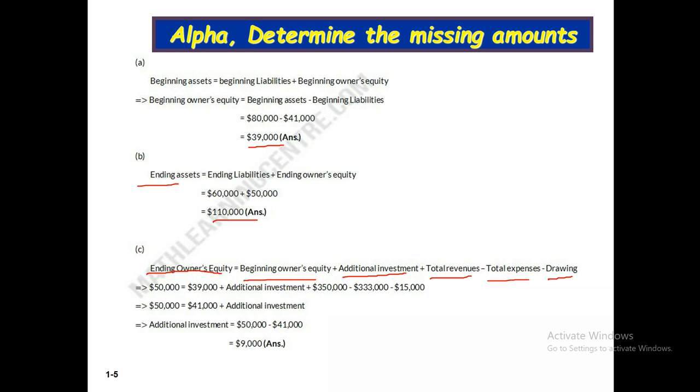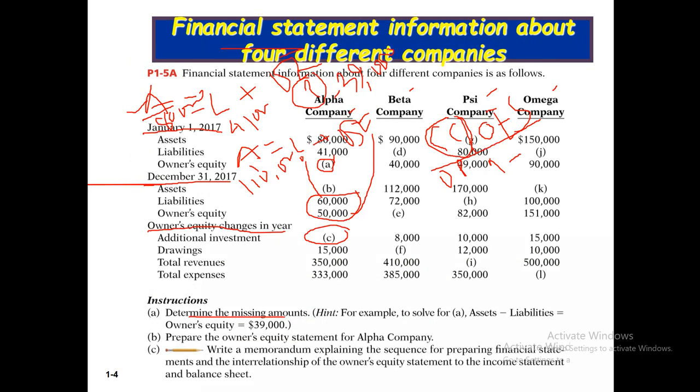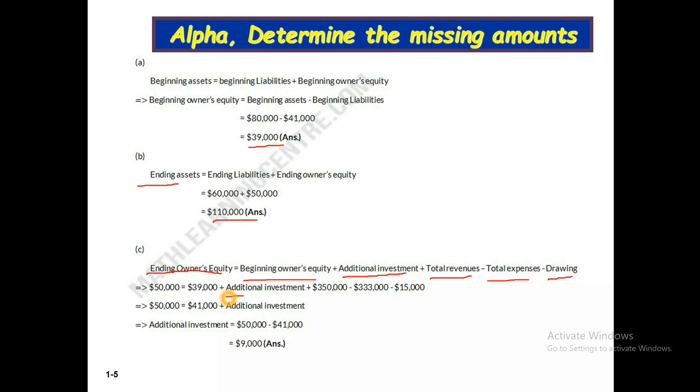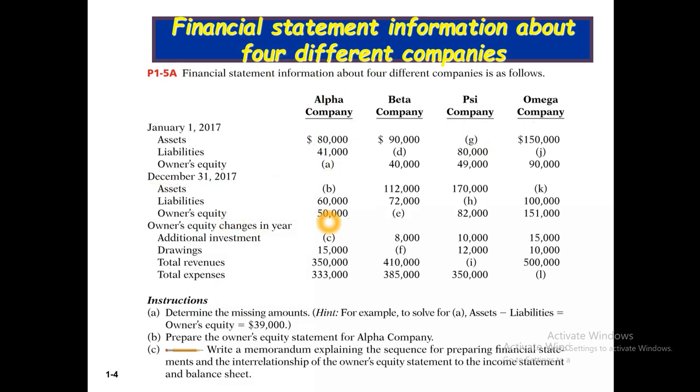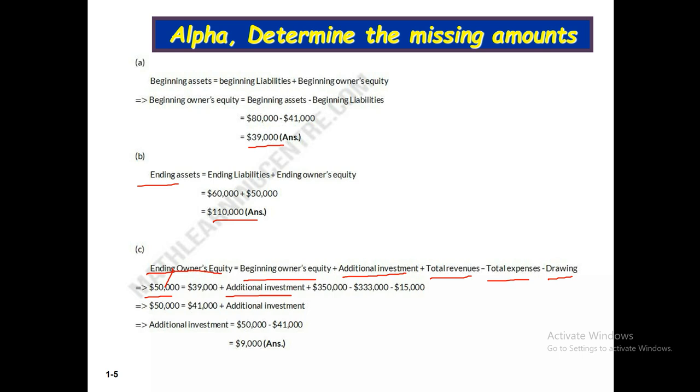So here the missing figure C is the additional investment. We need to calculate the additional investment. First, the ending owner's equity is 50,000. Now the beginning owner's equity, according to this question, we can easily get from A. And now additional investment is the missing figure we need to calculate.